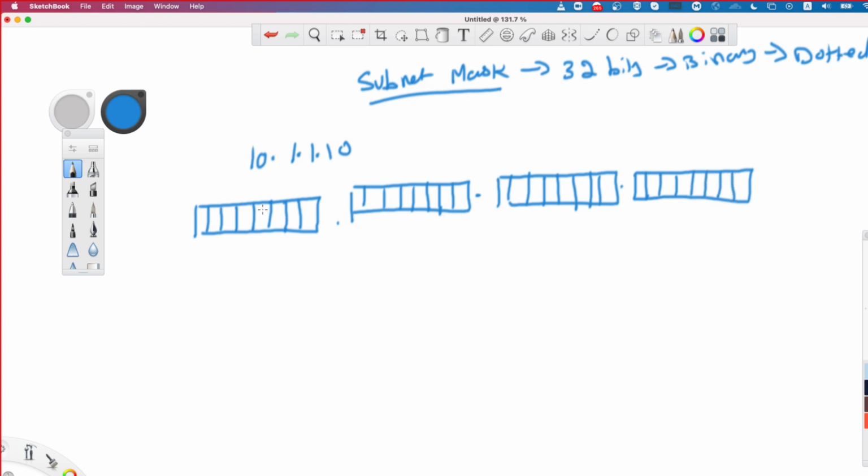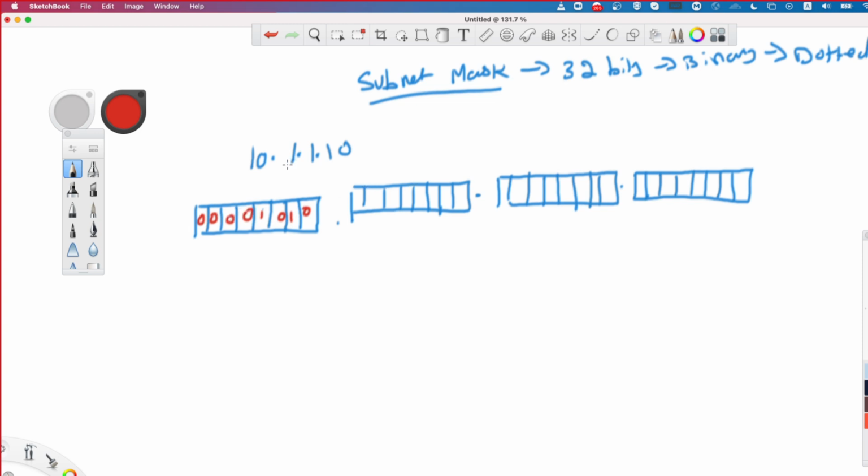So 1010 will be the first octet binary value. The remaining bits are going to be set to 0. That means I have converted the decimal value 10 to binary.